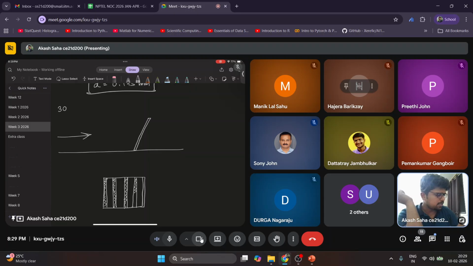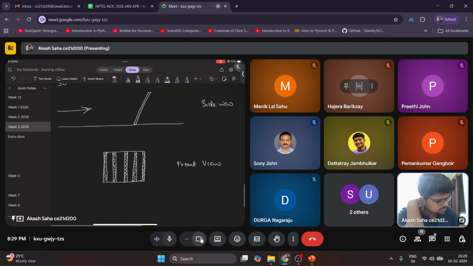This is the side view, and if I look from the front, the screens look like this, with some bars. This is the front view. They say Q is 50 MLD, that is the discharge, and they are asking for the head loss.